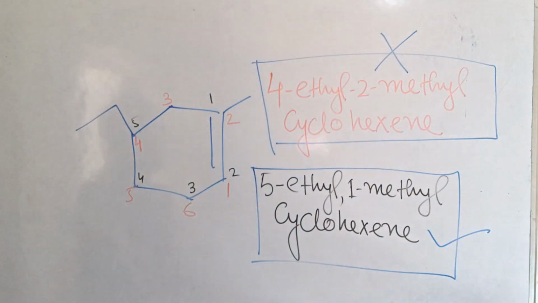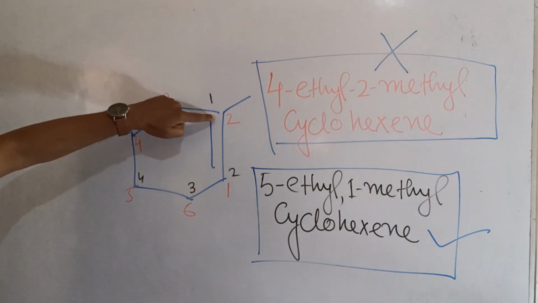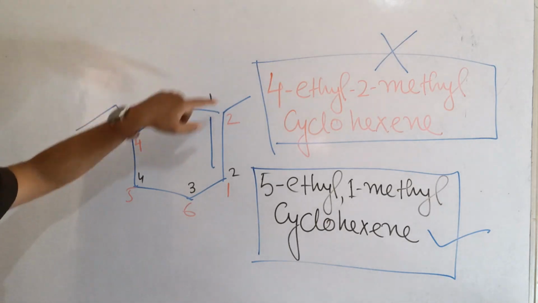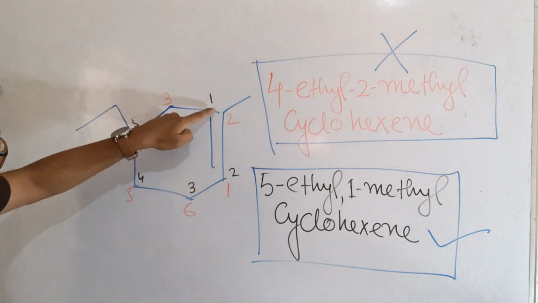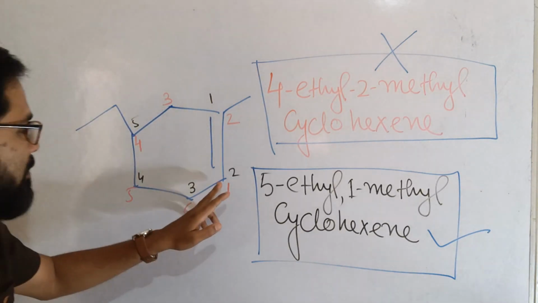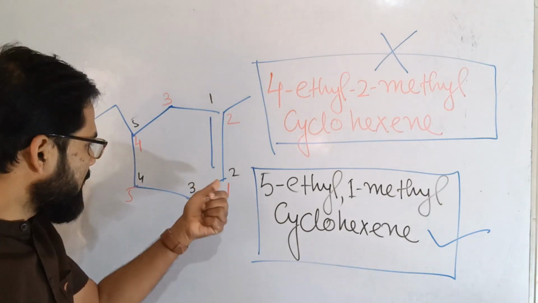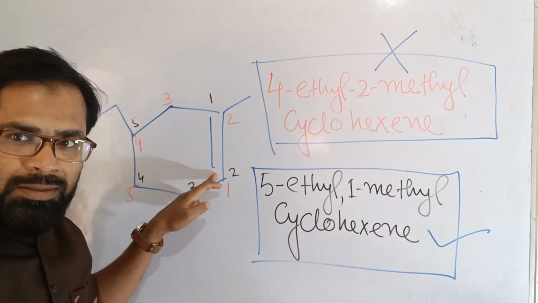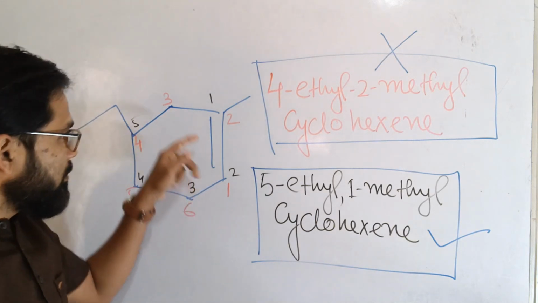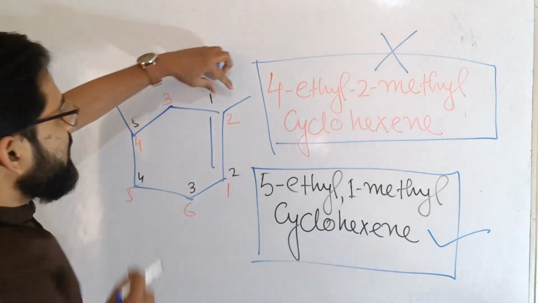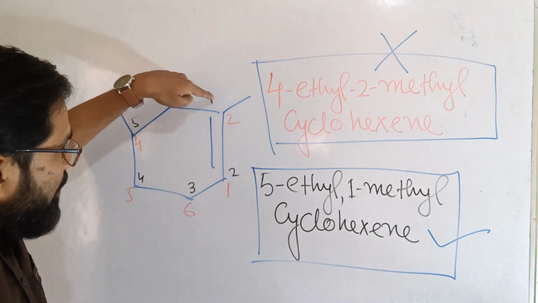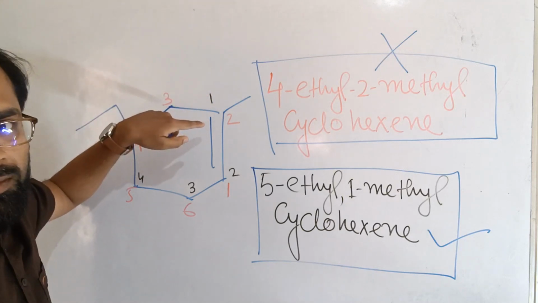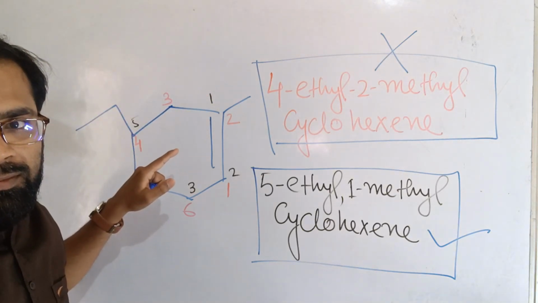Why? Because here the double bond and branching start from this carbon. So that's why the numbering starts from here. We can't start from here. Definitely the double bond starts from here, but here there is the double bond as well as branching. That's why the black color numbering will be correct.